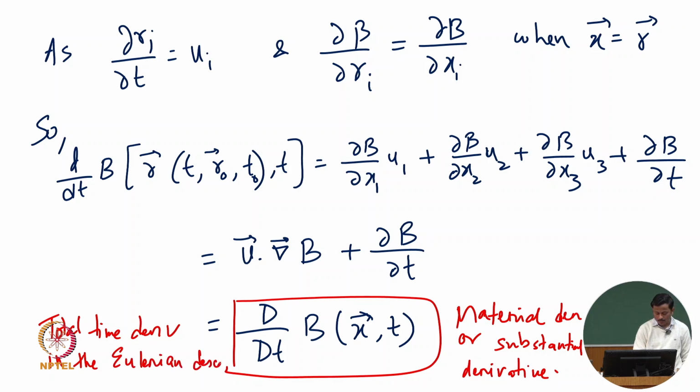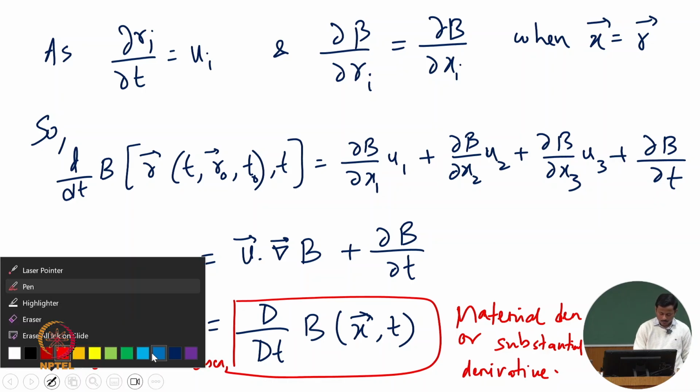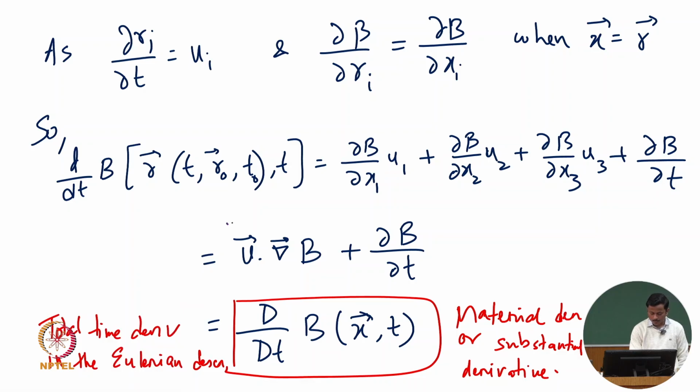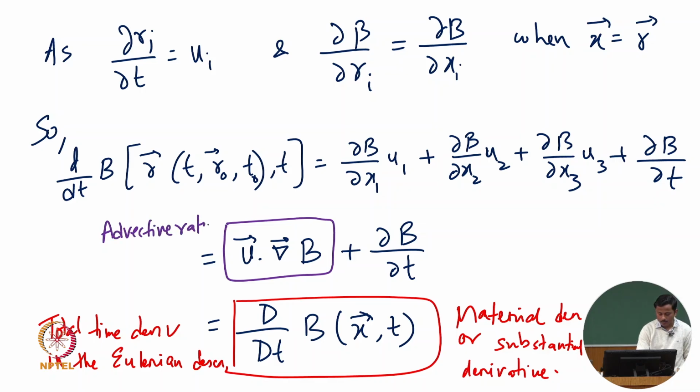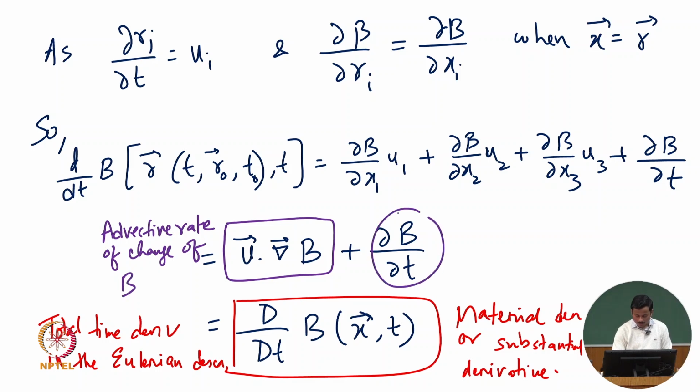In the Eulerian description of motion, this term is known as the advective rate of change of B, and this is the local rate or the temporal change of B.